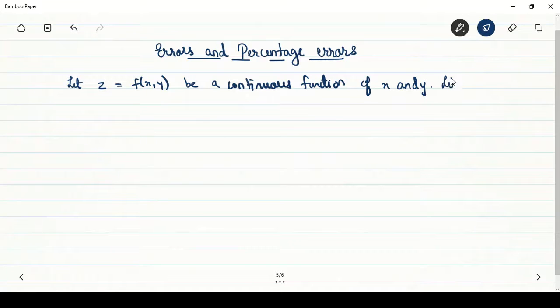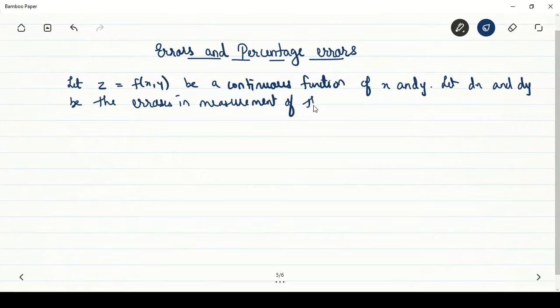Let dx and dy be the errors in measurement of the values of x and y respectively.